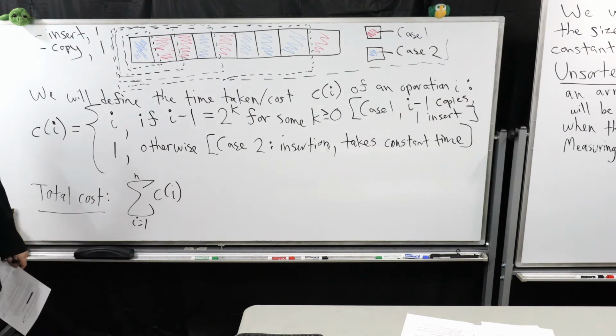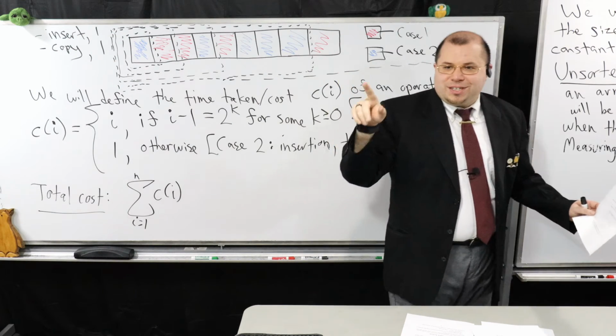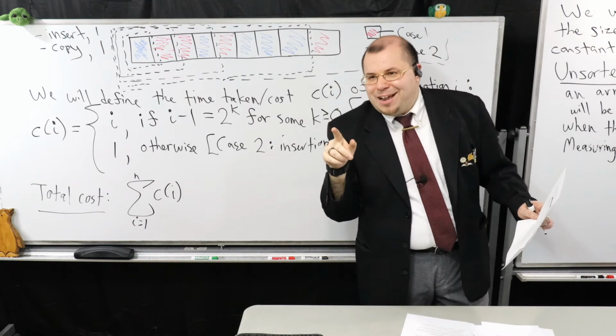Think back to how I defined amortized analysis for you. So remember, it's worst case per operation, right? So what would it be if I don't divide by n?